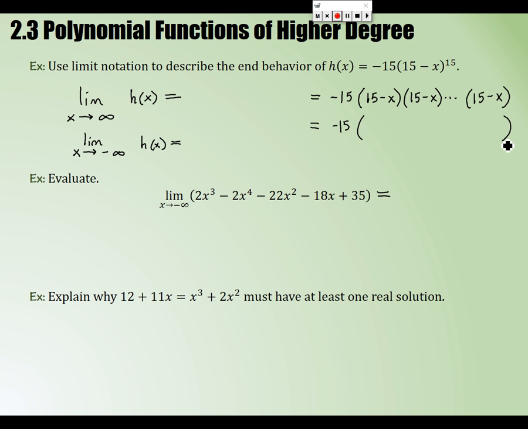Anyone have an idea of what that's going to look like at all? It starts with, do you agree that there's a negative x to the 15th in this product? Plus a bunch of other garbage. It's of lower powers, right?